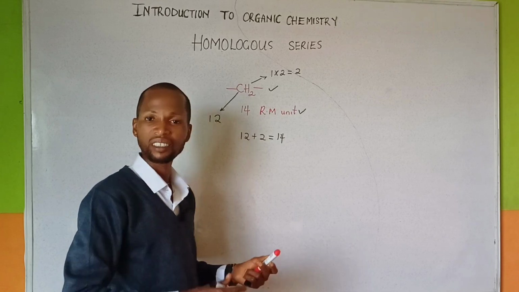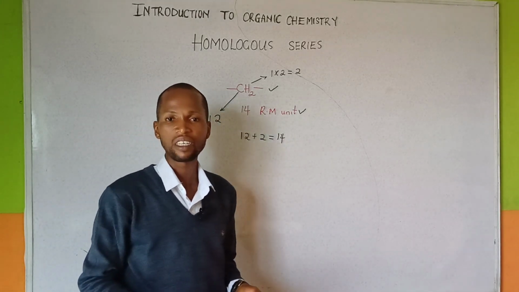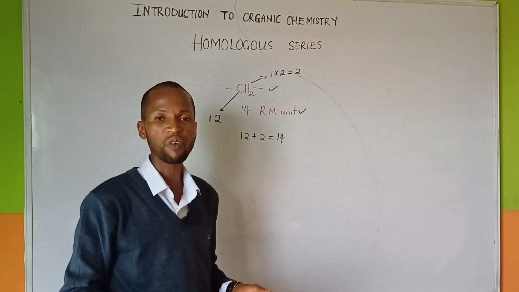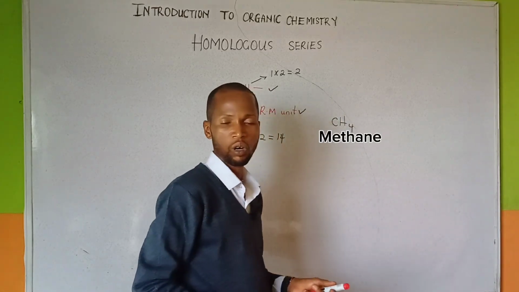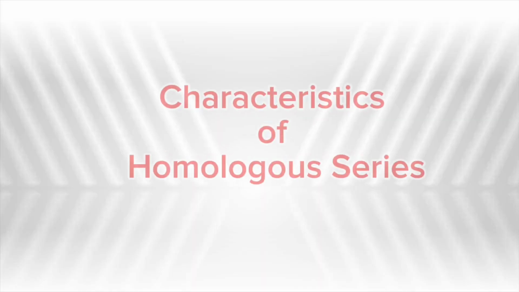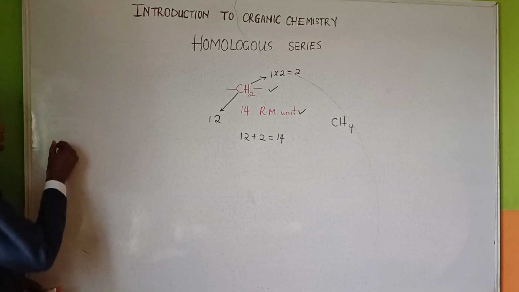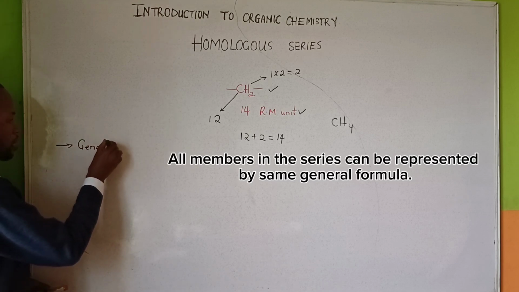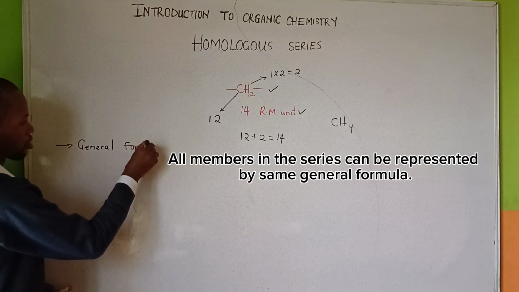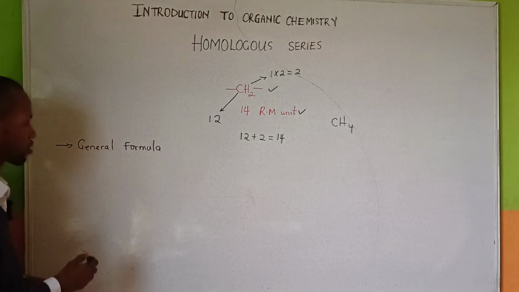But bear in mind that the simplest series of the organic family is the alkane series, which has the first member as methane. So we can actually consider the characteristics of homologous series, and the first one is the general formula. All members in the series can be represented with the same general formula. So we need to consider the following homologous series.